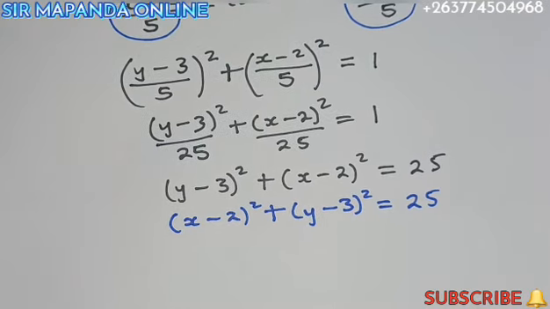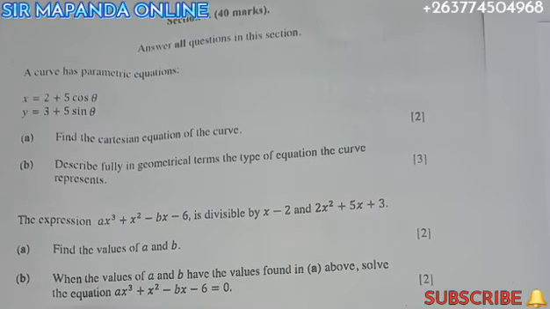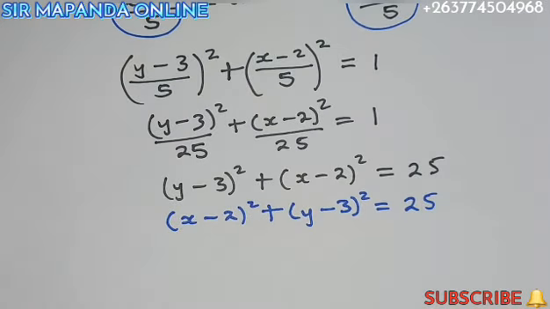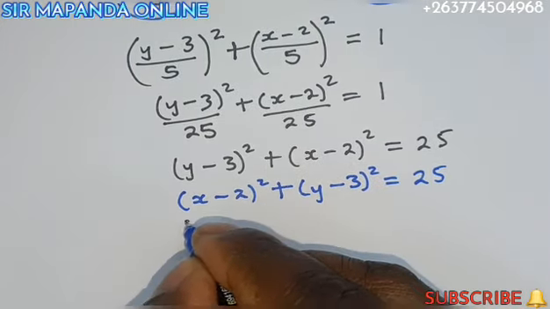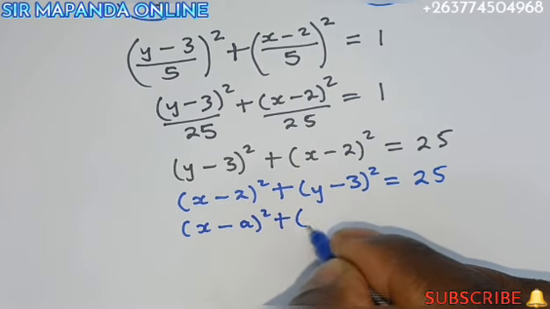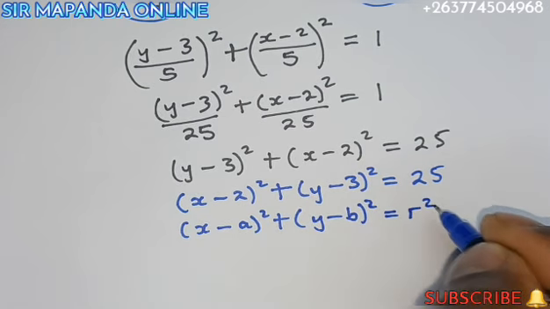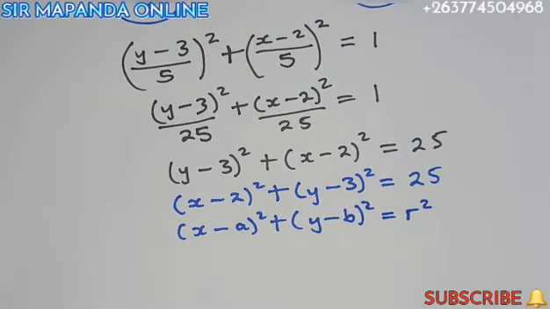Let us move on to the second part of the question. Describe fully in geometrical terms the type of equation the curve represents, 3 marks. So if you look at this, the curve is in the form x minus a squared plus y minus b squared is equal to r squared, which represents the form of a circle.